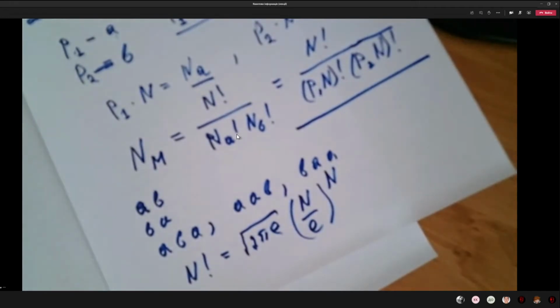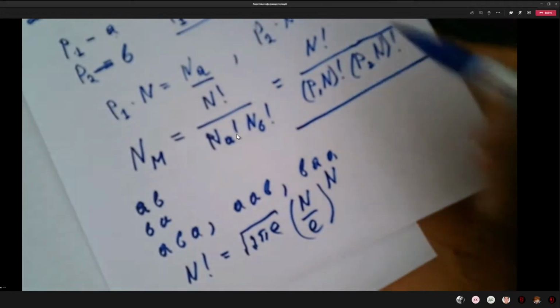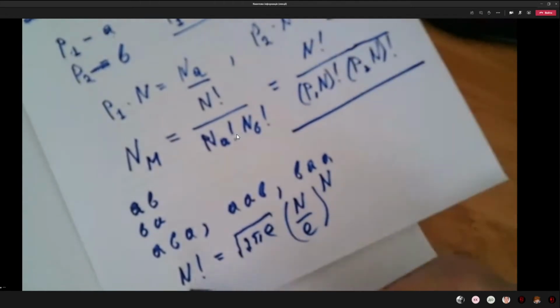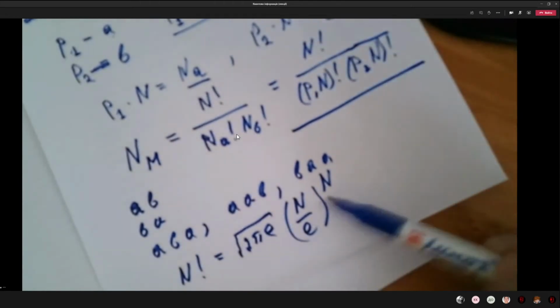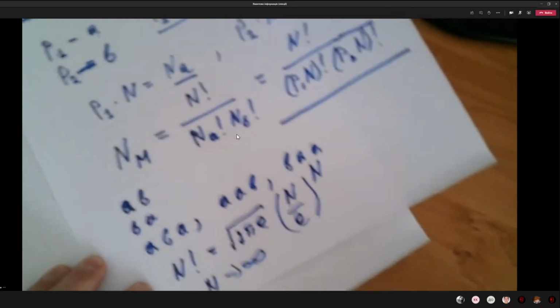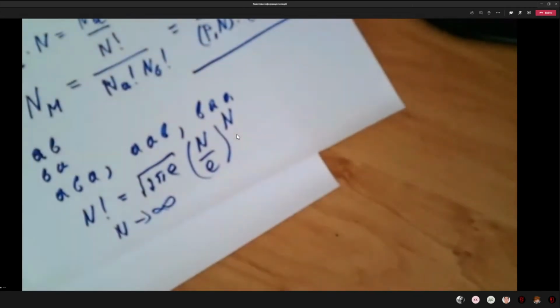It is an approximation for the factorial for very large n. So, because we consider a very large number n, in the limit n to infinity, instead of factorial we can use the Stirling approximation, or Stirling formula.